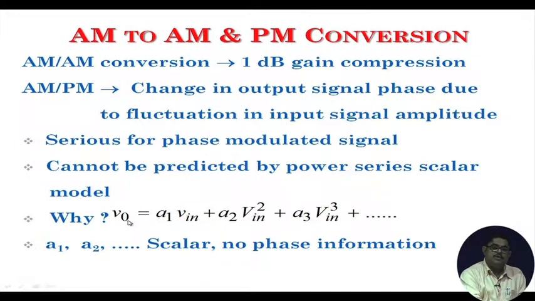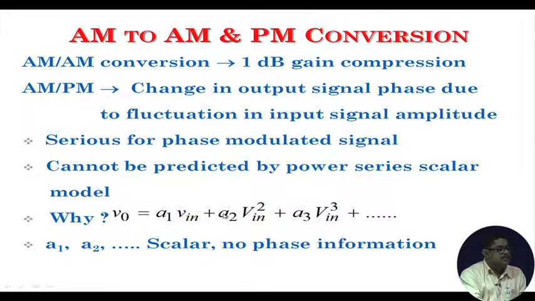This was our model which we used, that Vo is equal to A1 Vin plus A2 Vin square plus A3 Vin cube. Here, in Vin square and Vin cube, we are assuming Vin is the amplitude part, and A1, A2, A3 we are assuming scalar quantities.